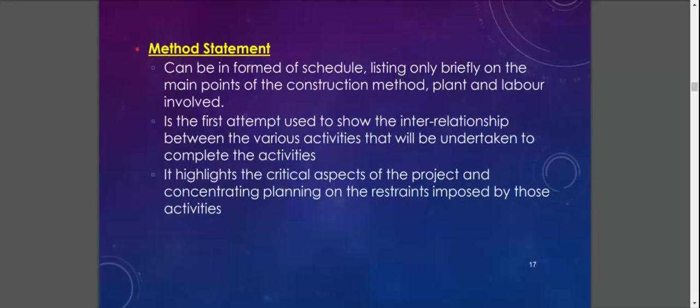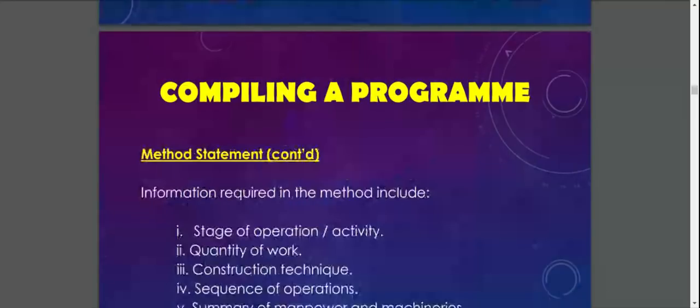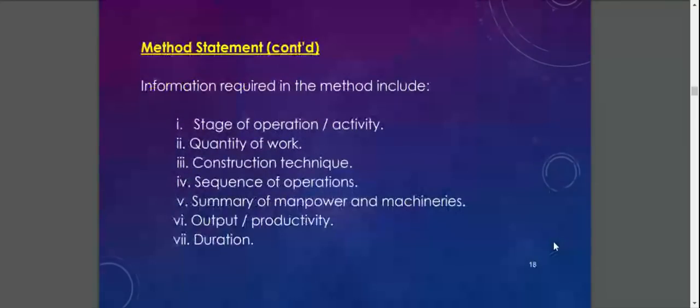After that, the method statement must get the client's approval before the actual work can be started on site. So that is the importance of the method statement, because without it, the contractor cannot proceed with any work. So this is the method statement.